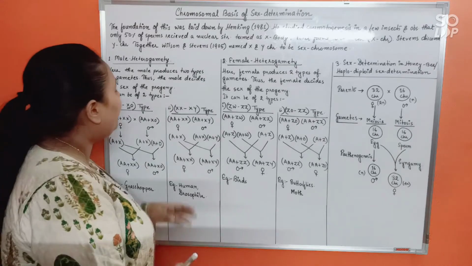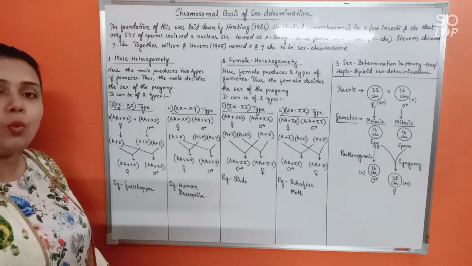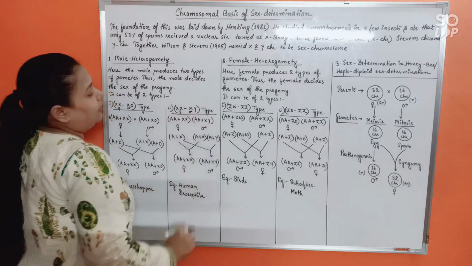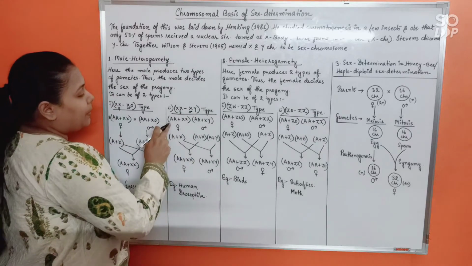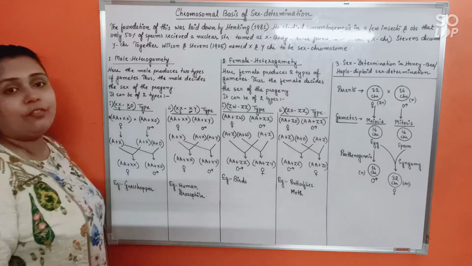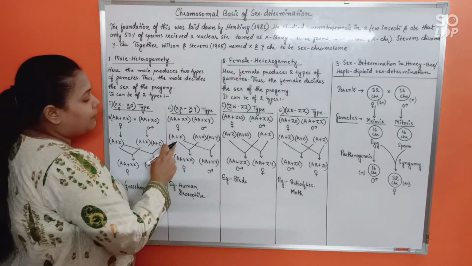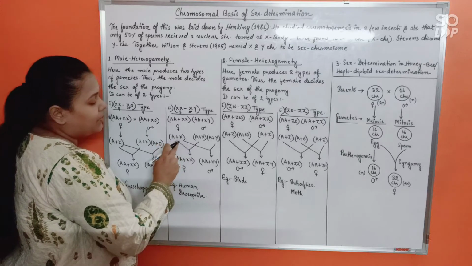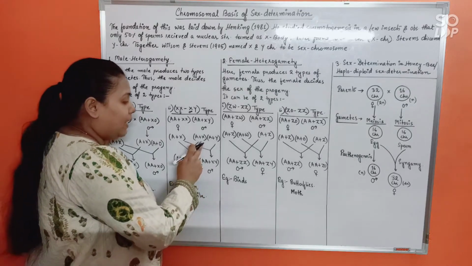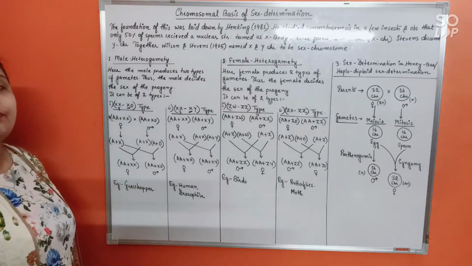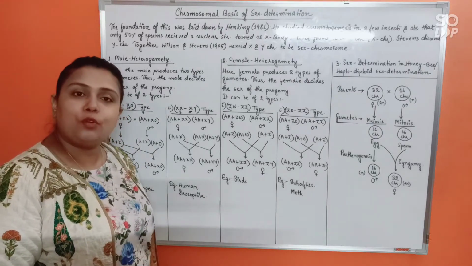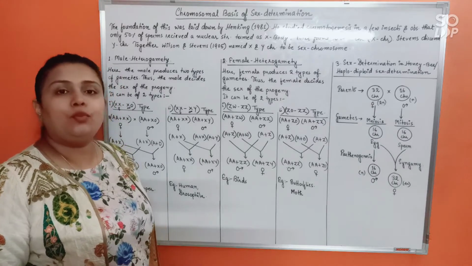Now moving to another type, that is XX-XY type. Again, XX is the female, XY is for the male. The parental genotypes here will be AA plus XX for the female and AA plus XY for the male. The female will produce only one type of egg, A plus X, and the males will produce two types of sperms, A plus X and A plus Y. One will have the X chromosome as the sex chromosome, another will have the Y chromosome.